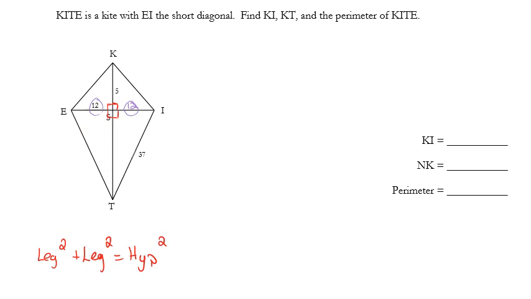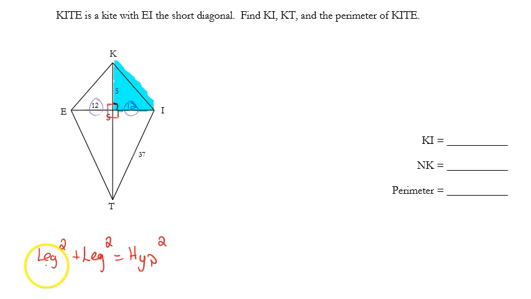Let's look to see what I'm asking you to find here. I'm asking you to find segment KI. Well, how does that help? If I need that segment, I now have a right triangle here. I now need to use the Pythagorean theorem to solve that right triangle. These sides are the legs of the right triangle, 5 and 12.